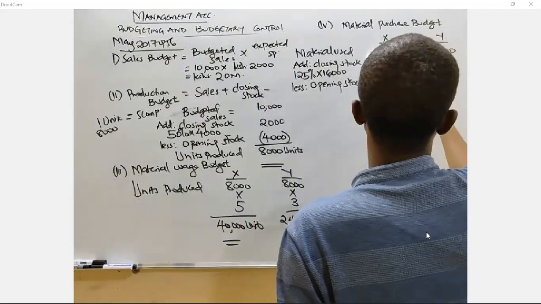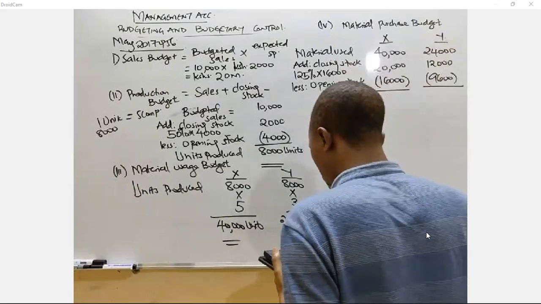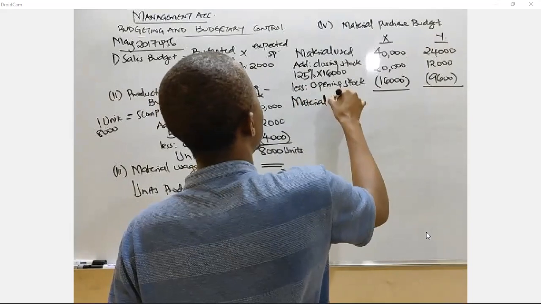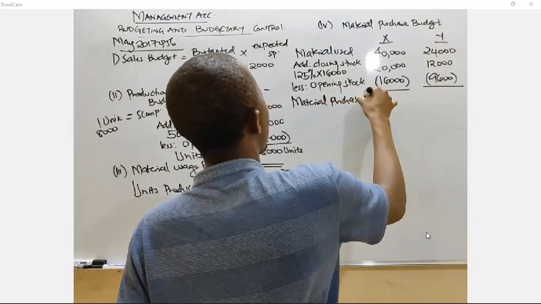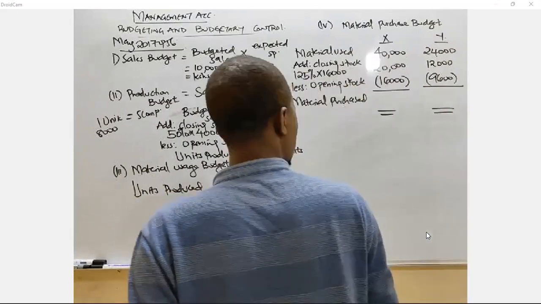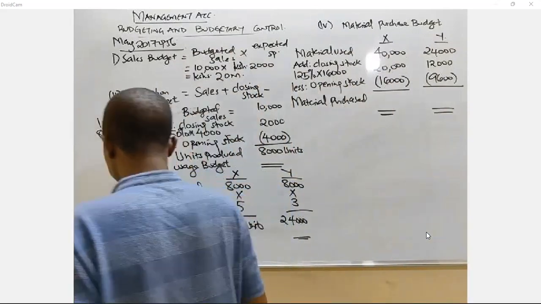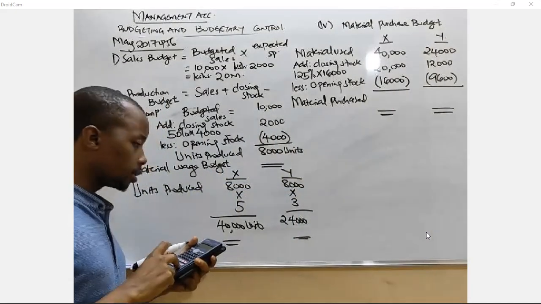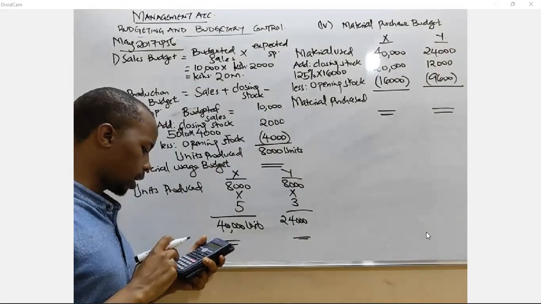So how much is the material purchase? Let me start with the Y. 12,000 plus 24,000 minus 9,600.